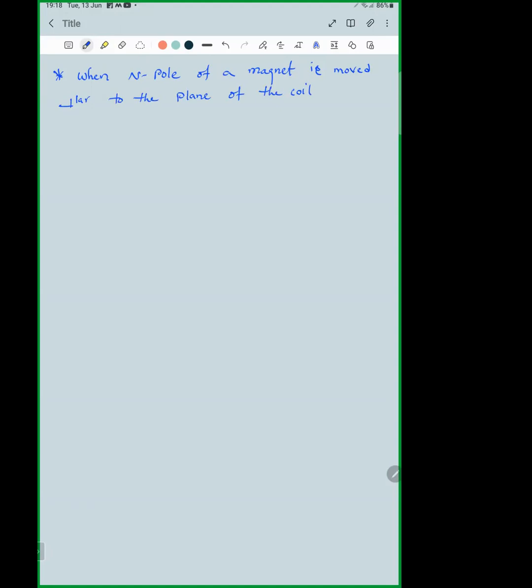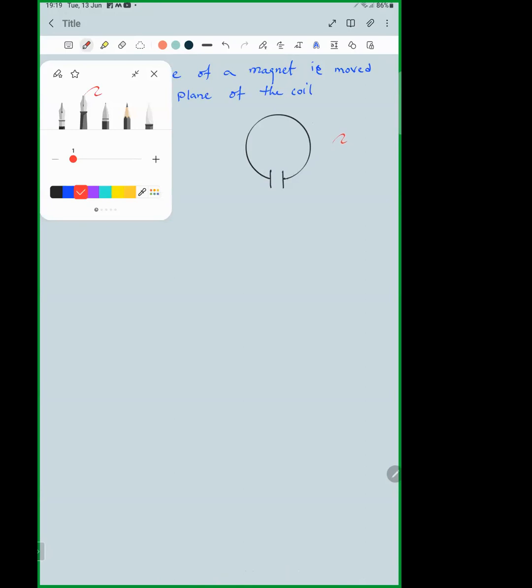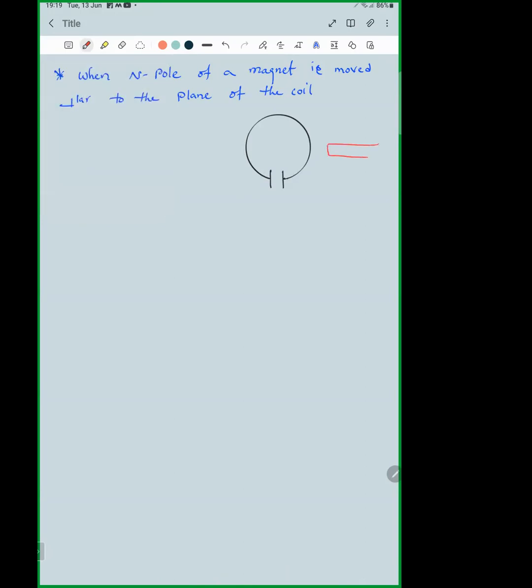See here, I'm going to take a circular ring. Two metal plates are attached to this, and now a bar magnet is moving towards it, isn't it? This is north and this is south. It is moving towards this. This is plate A and this is plate B, and current is going to be induced.